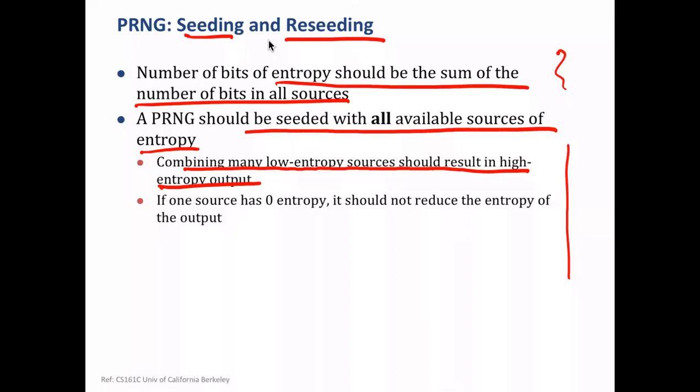And second, if one source has zero entropy, it means that it's predictable. Zero entropy means it's a predictable thing, right? Then it should not reduce the entropy of the output.